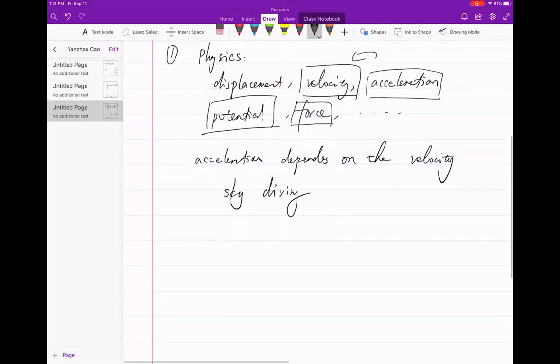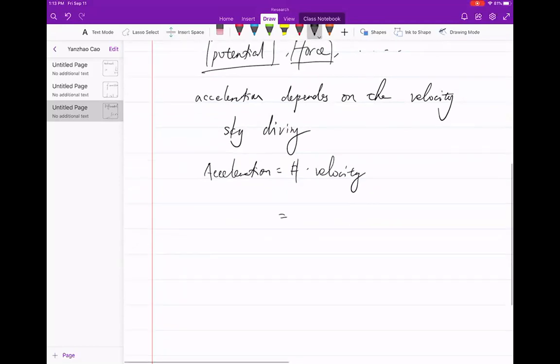So it's a simple relationship: your acceleration equals a number times your velocity. Then automatically you have a number times v equals dv over dt. That is already a differential equation. Sounds good? So from the first perspective, physics requires you to do this because you put all the quantities together and they have derivative relationships.